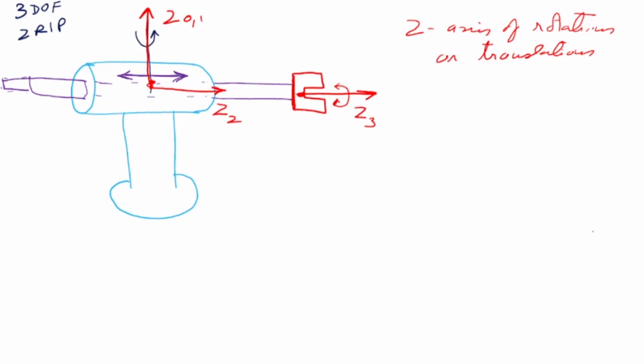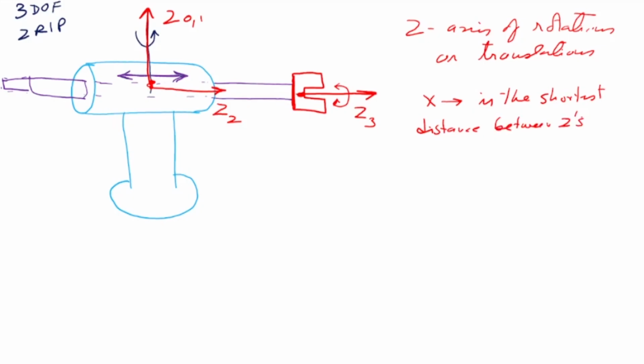Then what we do is we put our x-axis. Now the x-axis is, in this particular case, the shortest distance between z's.